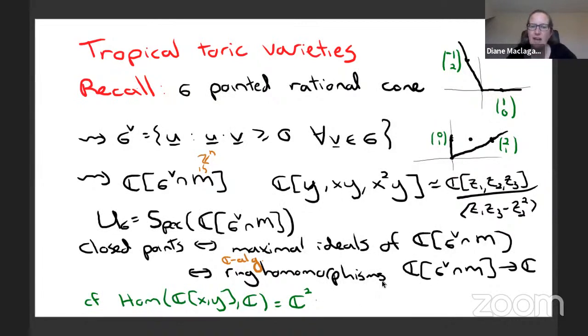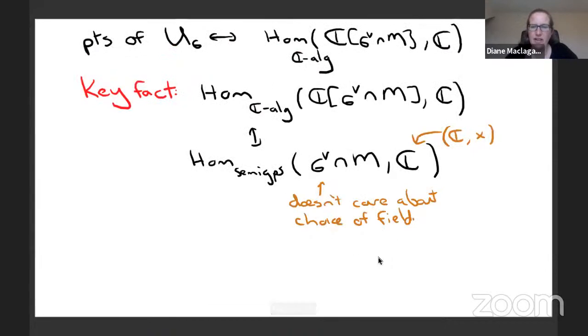Okay, and that's going to be the key fact that we want to expand more on. So the key fact again is that these C-algebra homomorphisms in general only depend actually on semigroup homomorphisms from sigma dual intersect M to the complex numbers. And when I say semigroup, you have to ask what semigroup operations do we mean? We mean C with multiplication. Okay, so this is for the polynomial ring in 2 variables example, my sigma dual intersect M was just N squared.